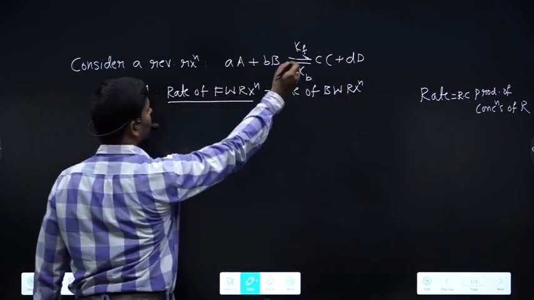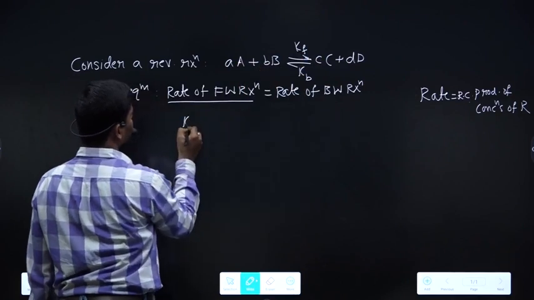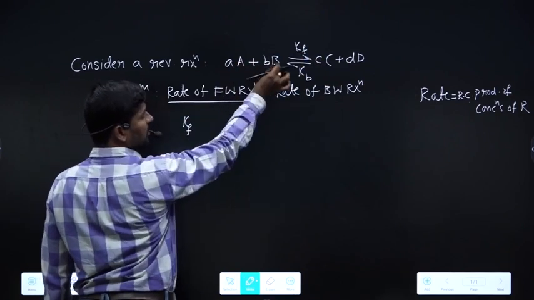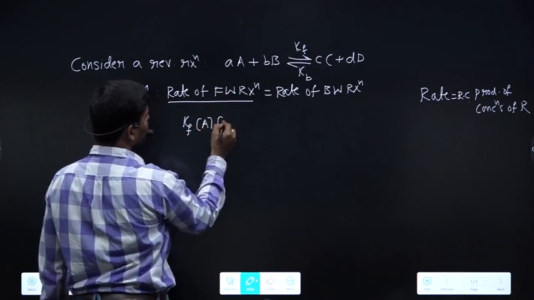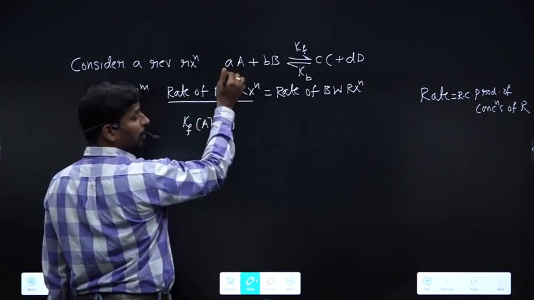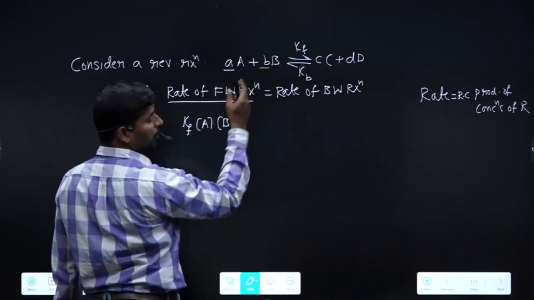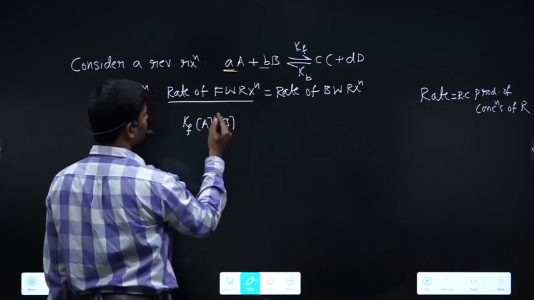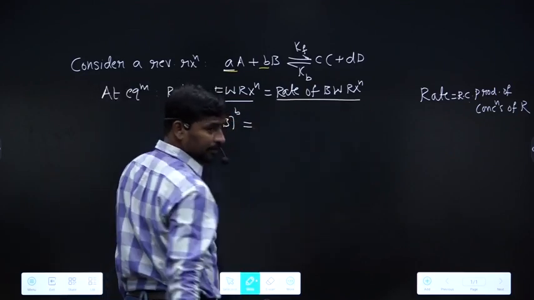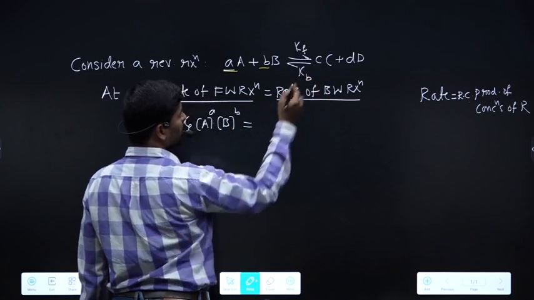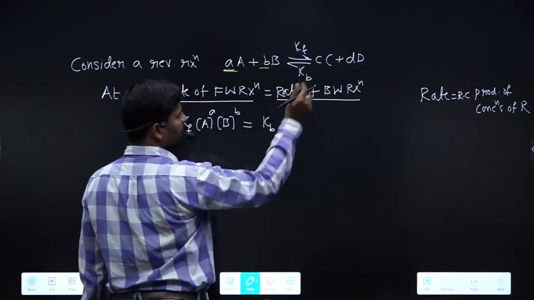Therefore, for the forward reaction, the rate constant is Kf, into the product of concentrations of reactants, that is, concentration of A raised to power a into concentration of B raised to power b. Powers are nothing but stoichiometric coefficients in the balanced equation. Similarly, for the rate of the backward reaction, the rate constant is Kb.